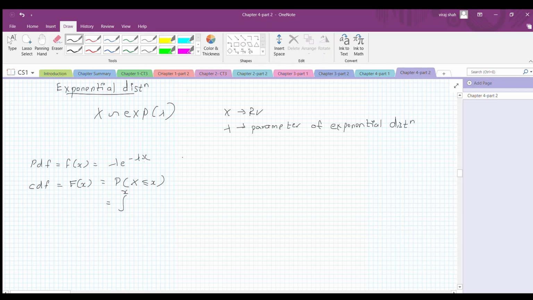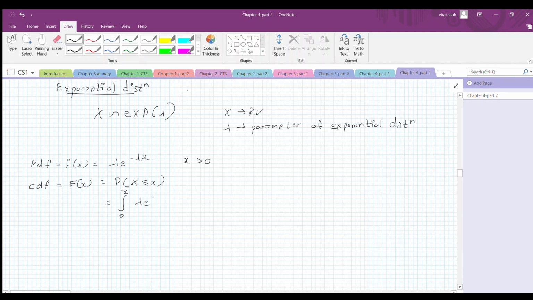Exponential distribution is a distribution where x can take values greater than 0 only. It goes from 0 till infinity basically. So the maximum value it can take is infinity, but in case of CDF it is x, and the minimum value is 0. So it would be 0 here. Lambda e raised to minus lambda x.